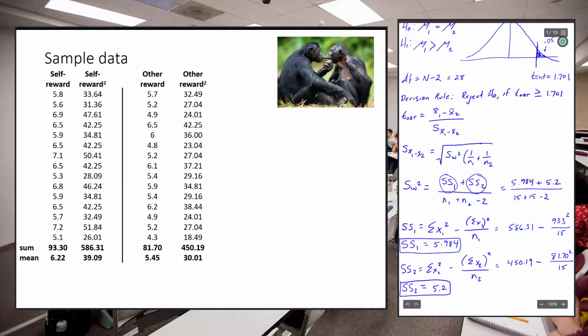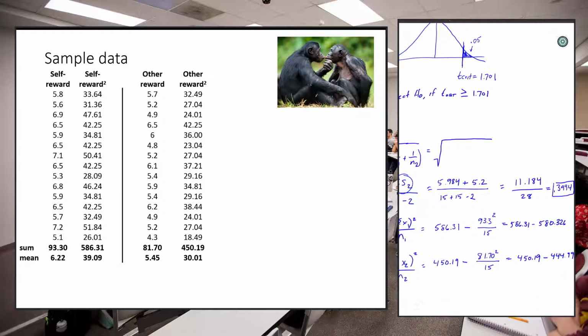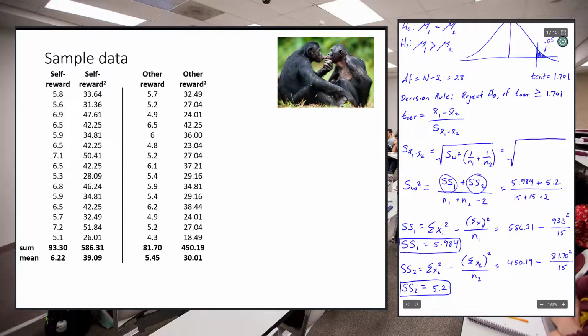Okay, so now we have our pooled variance, and we can plug that into our estimated standard error of the difference between means formula. So we will get the square root of 0.3994 times 1 over 15 plus 1 over 15.